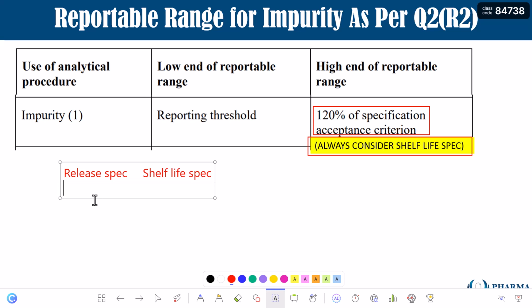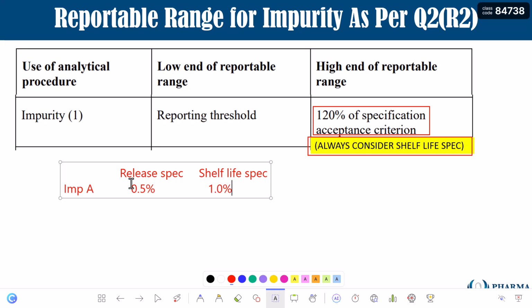Let us say you have impurity A, and for impurity A, your release spec is maybe 0.5%, not more than 0.5%, and your shelf life spec is 1.0%. So what is going to be now your high-end reportable range? Is it with respect to 0.5% or is it with respect to 1%?